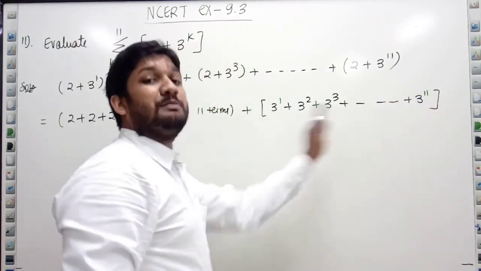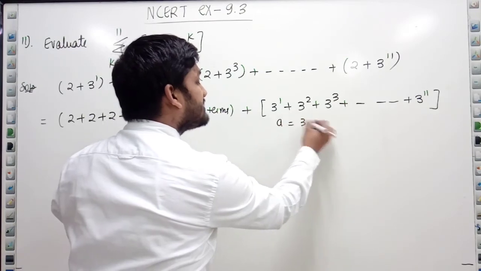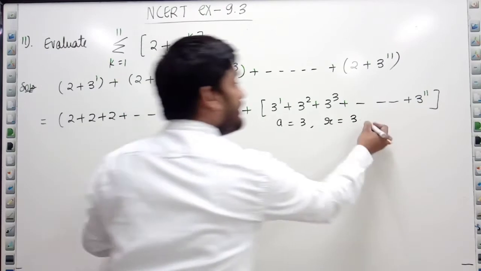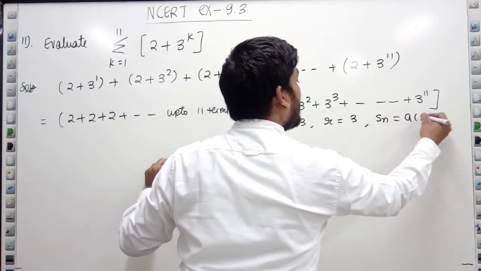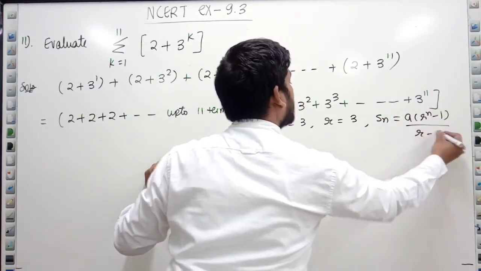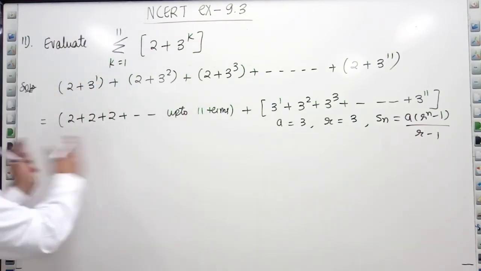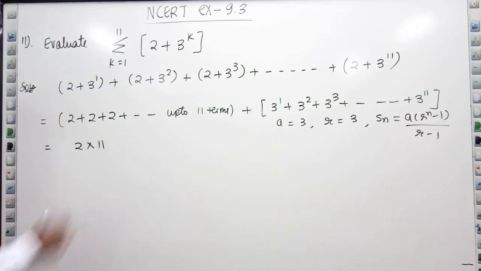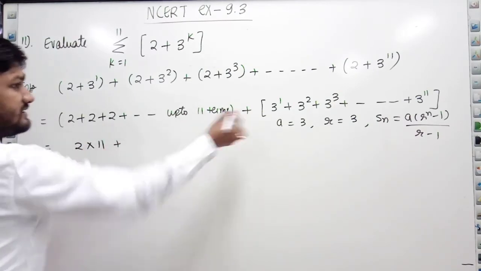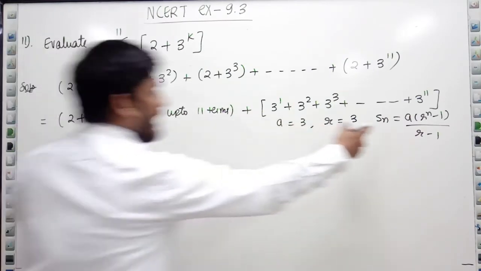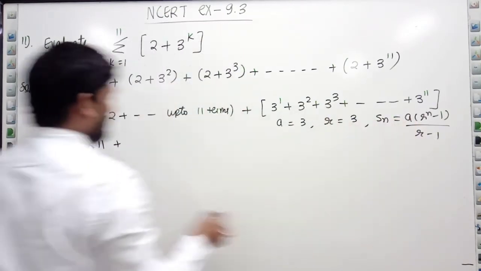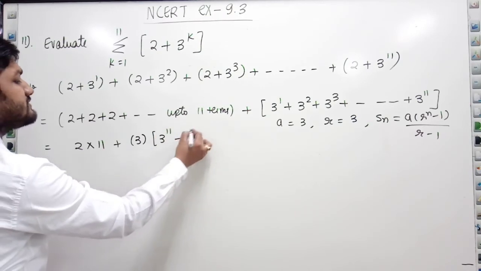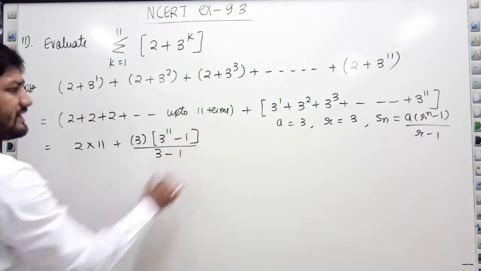You can see this is in GP, and here the first term is 3, the common ratio is 3, and we know the formula of Sn, a into r to the power n minus 1 upon r minus 1. For the first part, every term is 2, so 2 eleven times is 2 into 11, plus for this I am putting in the formula: a is 3, 3 to the power 11 minus 1 upon 3 minus 1.